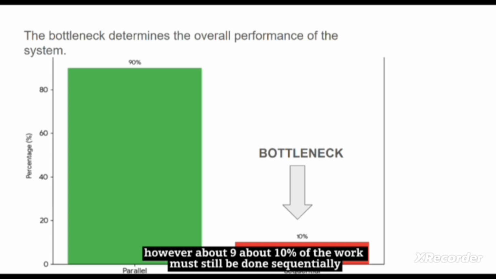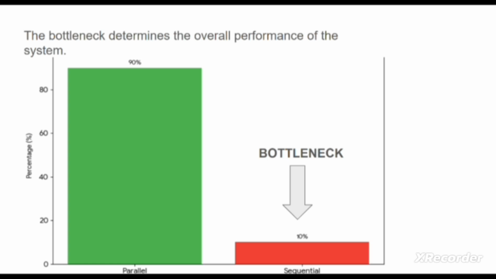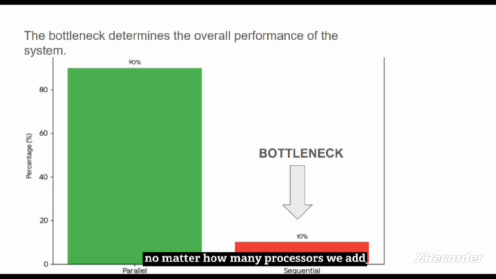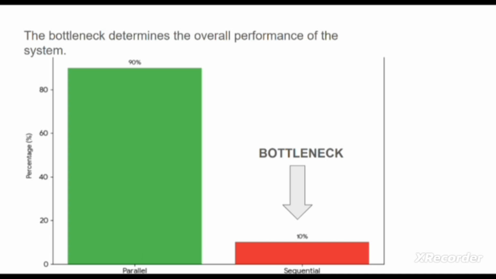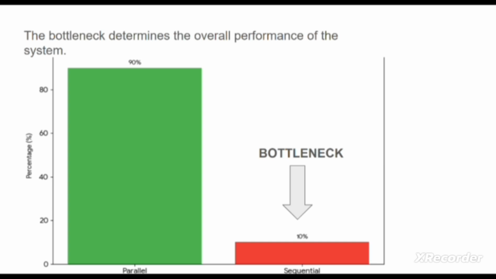However, about 10% of the work must still be done sequentially, meaning it has to be completed step by step and cannot be divided among processors. Because of this, no matter how many processors we add, that part of the program will always take the same amount of time.